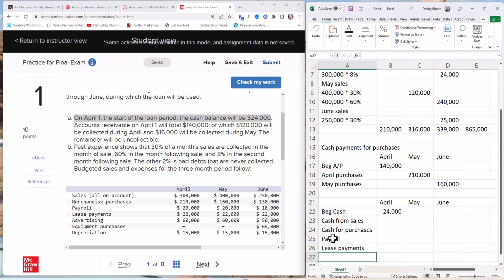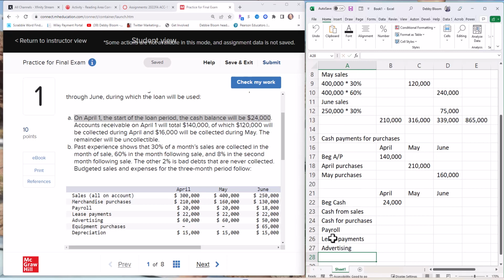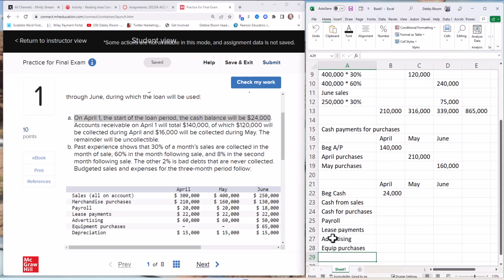We're going to have cash paid for advertising. And we're going to have cash paid for equipment purchases. But remember, we're not going to have cash paid for depreciation. So for our cash budget, we're just going to ignore that.